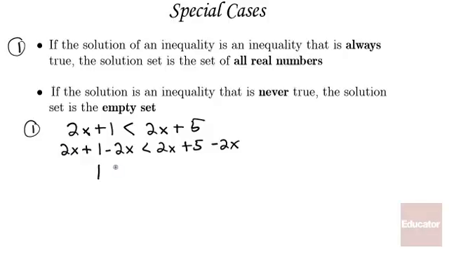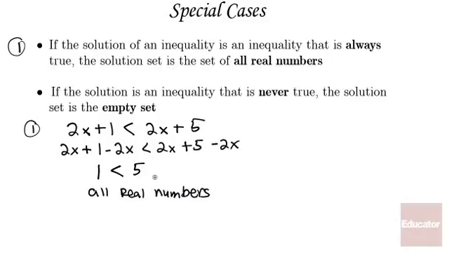So I'm left with 1 is less than 5. Well, 1 is less than 5. That is always true. So the solution set for this inequality is all real numbers.